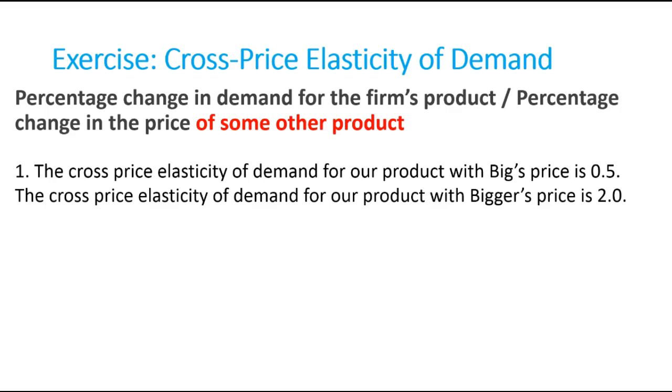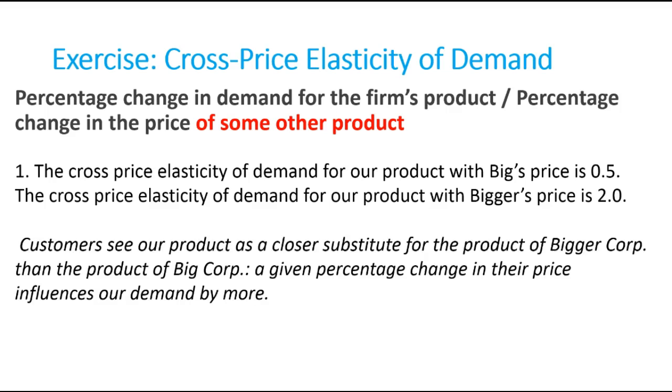So just to summarize what this is saying, it's saying that the customers must see our product as a closer substitute for the product of bigger for some reason. So if bigger changes its price by a certain percentage, the response of customers is going to be bigger, in fact 4 times as big, than it would be if big corporation changes its price.